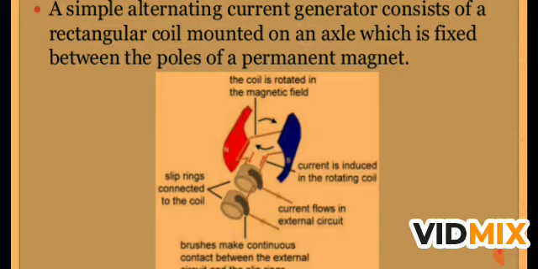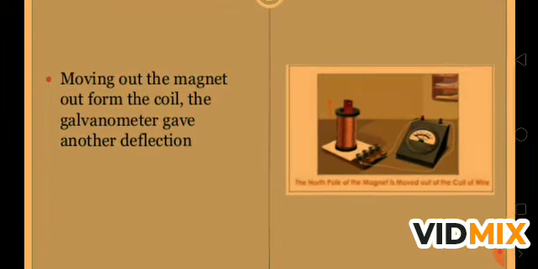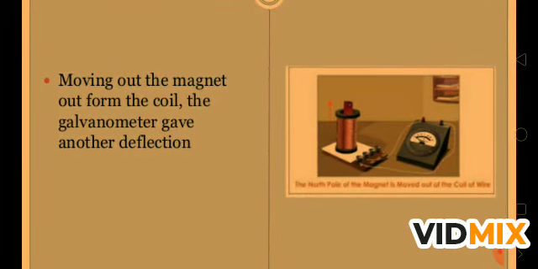So this is the simple diagram which shows that a current flows when the coil moves in the presence of a magnetic field. As you see here, when the magnet is moved, the current flows, and here again if you see that the magnet is moving out, then also the current flows, but you see the direction of current in the galvanometer is opposite to the previous one.